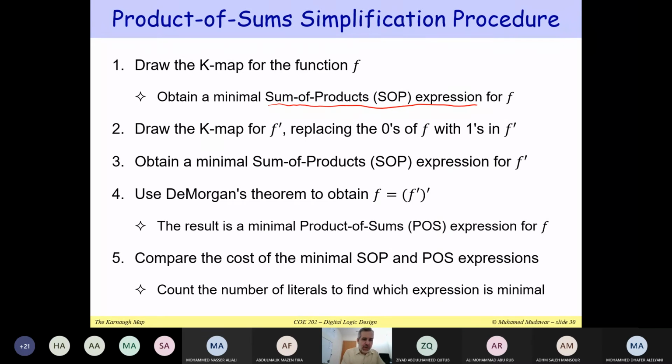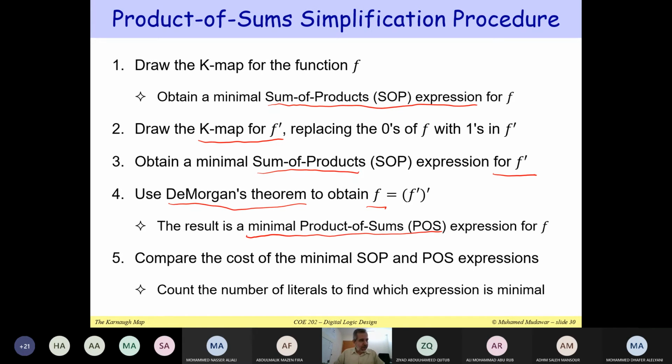This is why we draw the Karnaugh map for F prime, replacing zeros with ones and ones with zeros, and obtain a sum of products expression, but for F prime. And then we use De Morgan's theorem to obtain F, which is the complement of F prime. When you use De Morgan's theorem to take the complement of the sum of products, it becomes a minimal product of sums expression for the function F.